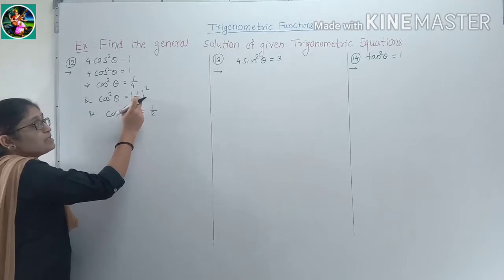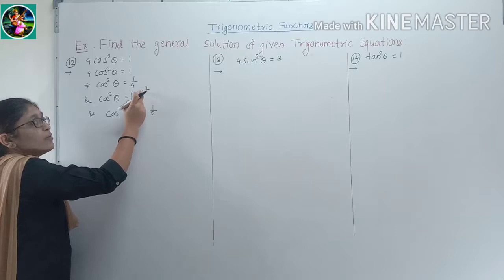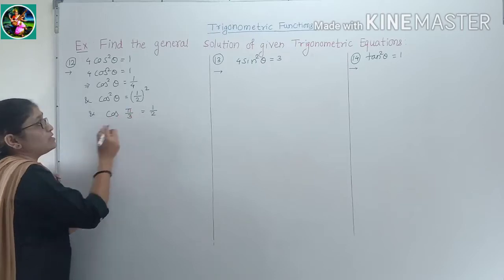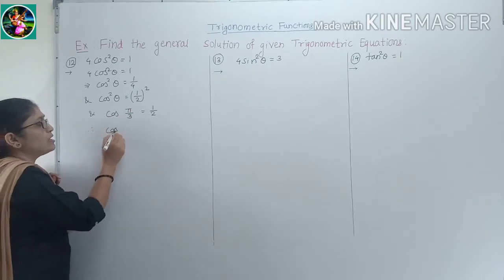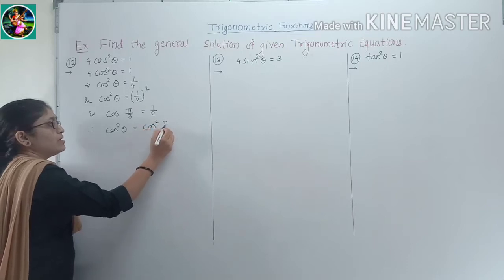Therefore, we replace here 1 upon 2 by cos of pi by 3, and in the RHS we will get cos square pi by 3. Therefore, cos square theta is equal to cos square pi by 3.